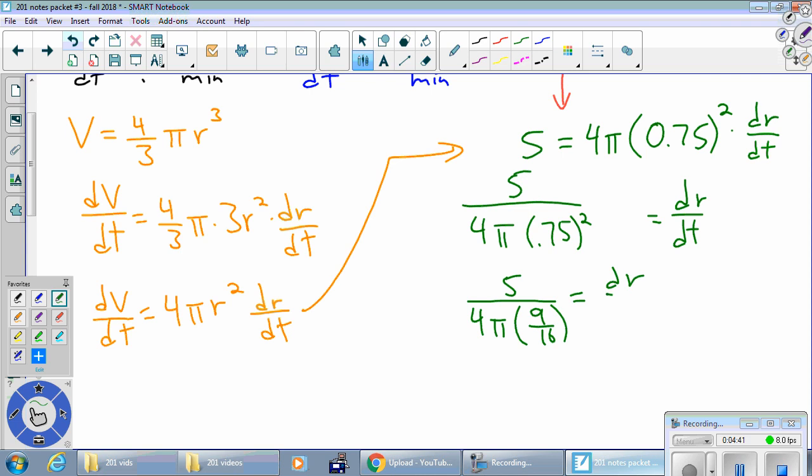That's dr/dt. And then the 4 and the 16 can reduce, giving me a 4 on the bottom, and then you can multiply the top and bottom of the big fraction by 4, and that gives us the answer that is in your packet. 4 gets multiplied by the 5, 20 over 9 pi, which you can type into the calculator. Turns out to be around 0.71.